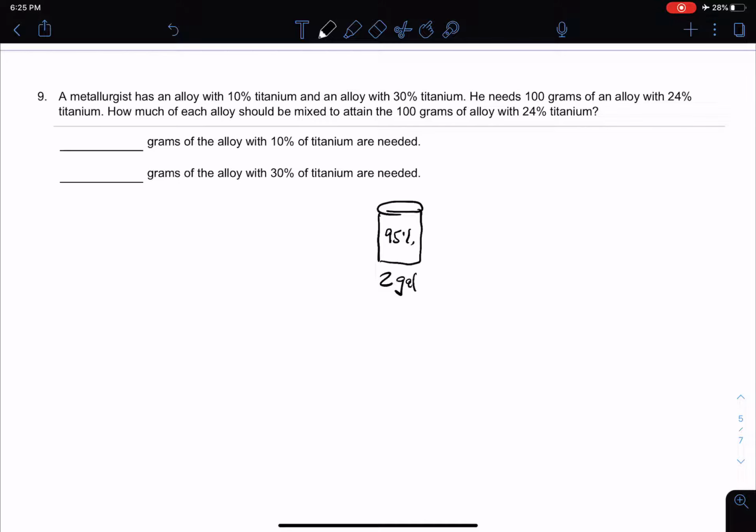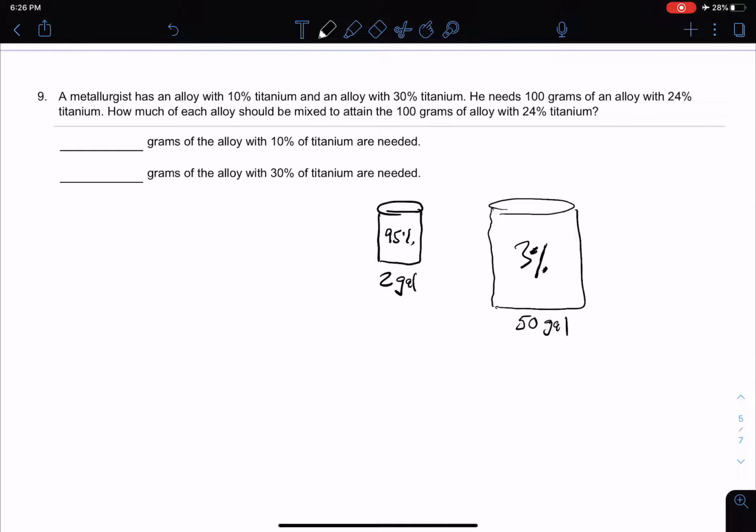How's that? 95% apple juice. Now this other one is one of these big 50-gallon containers. You know what I'm talking about? They call them 50-gallon drums, actually. They're so big. 50-gallon drum, and this 50-gallon drum is 3% apple juice. Question I have is, which container has more apple juice?